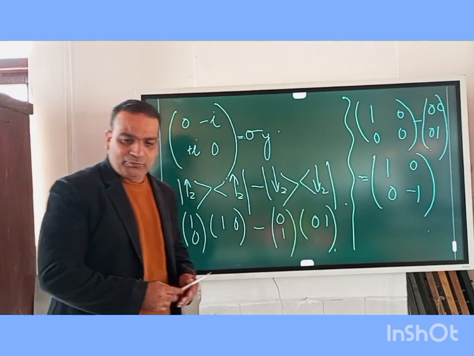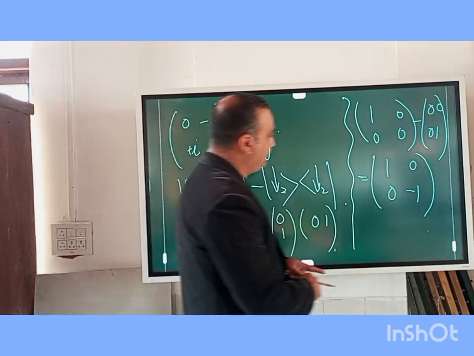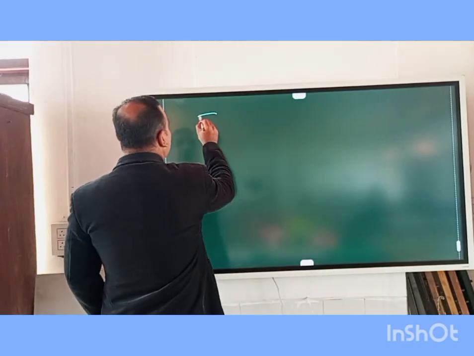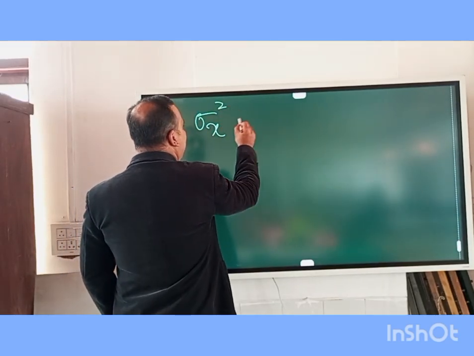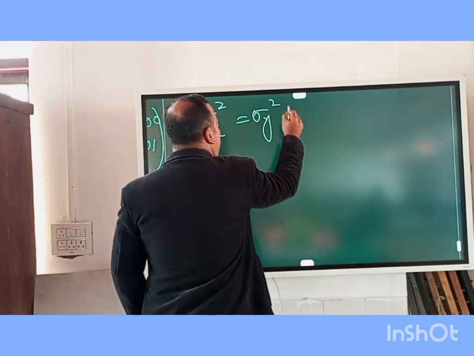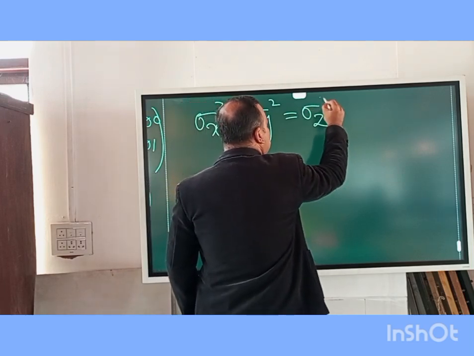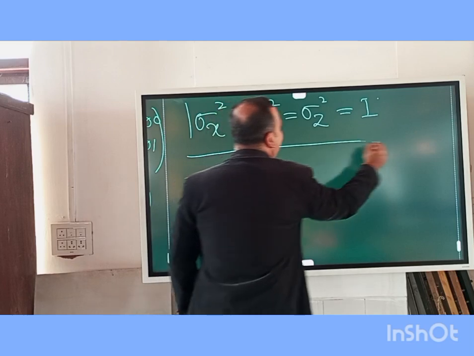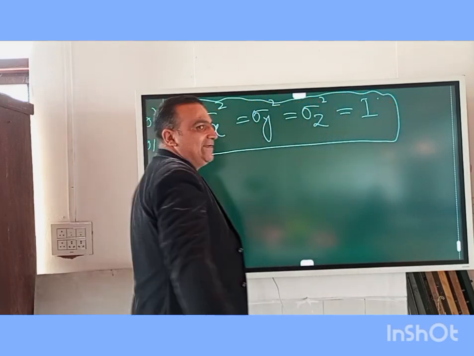Now what you should proceed with is this. You must have known that sigma x square is equal to sigma y square is equal to sigma z square is equal to the identity matrix. So come on, do it now.